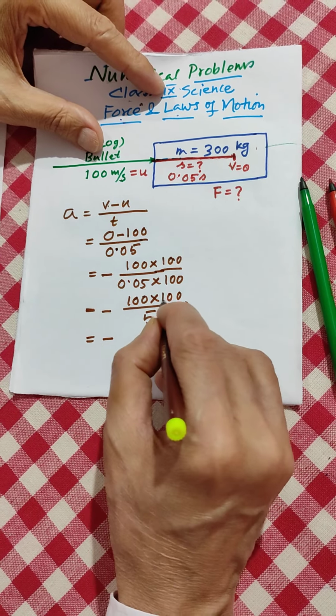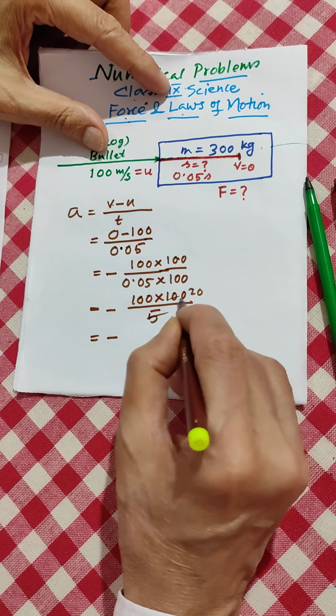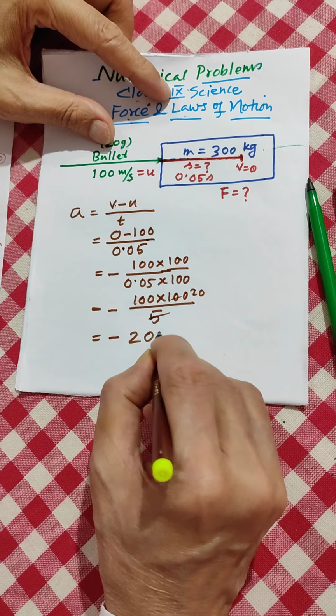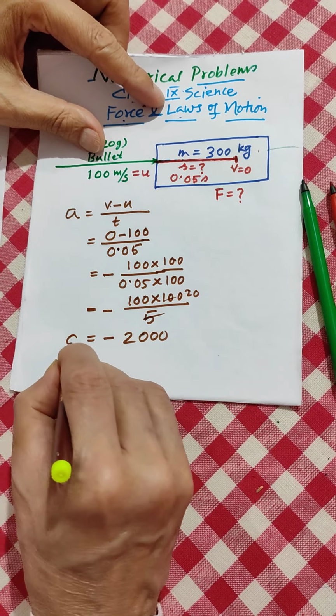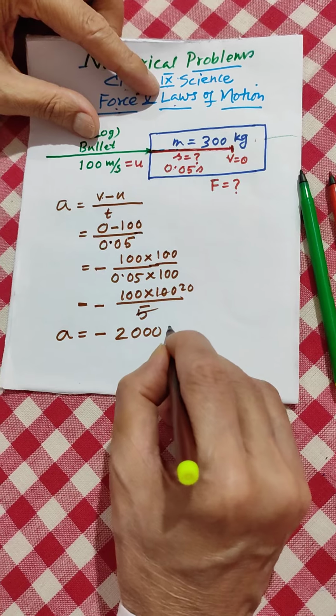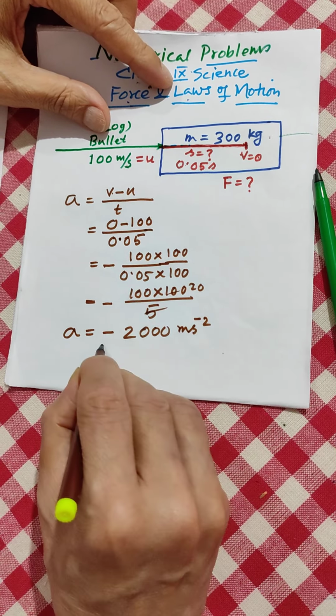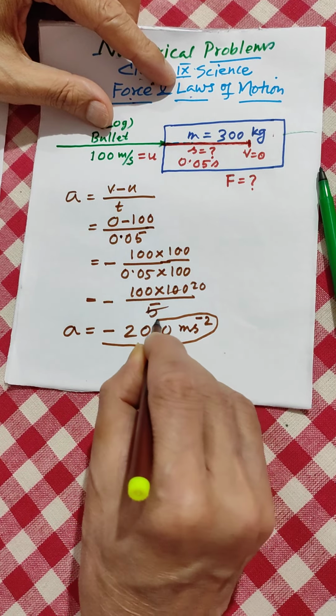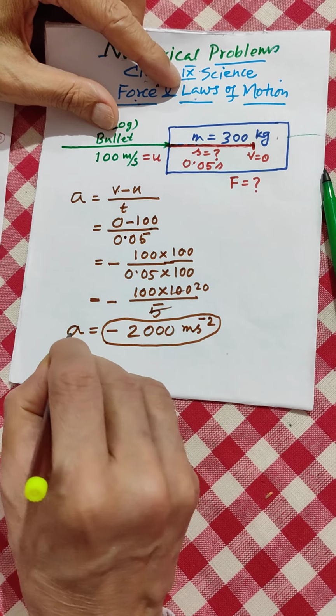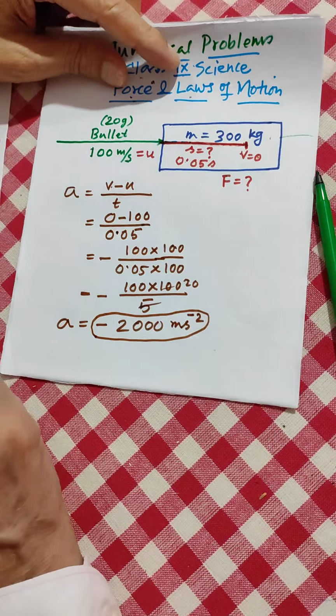This goes 20, so 20 into 100 is 2000. So a is minus 2000, and the unit is meter per second square. This is the negative acceleration of the bullet in the block.